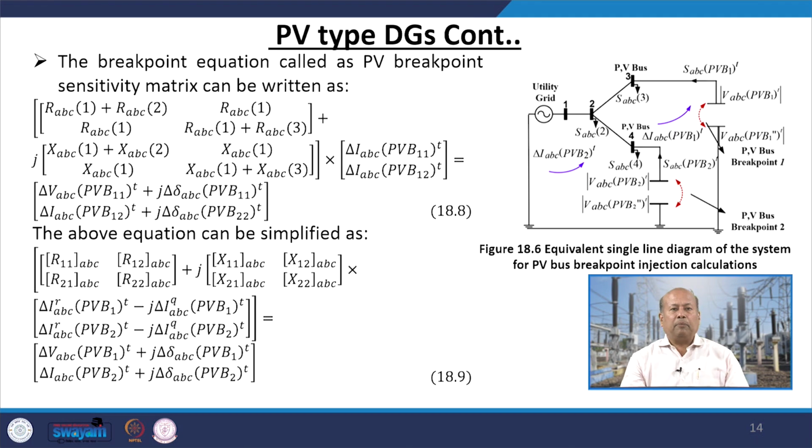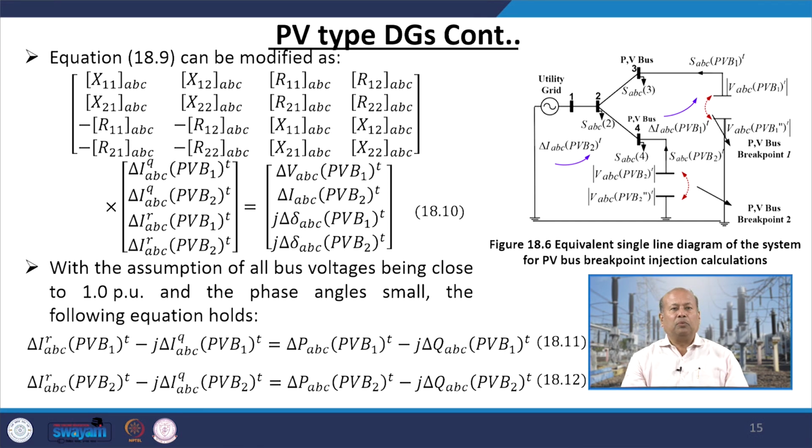Now, the breakpoint equation, called the PV breakpoint sensitivity matrix, can be written as in equation number 18.8 as well as 18.9. Further, equation number 18.9 can be modified to equation number 18.10 with delta V ABC, delta I ABC, and delta theta ABC components.